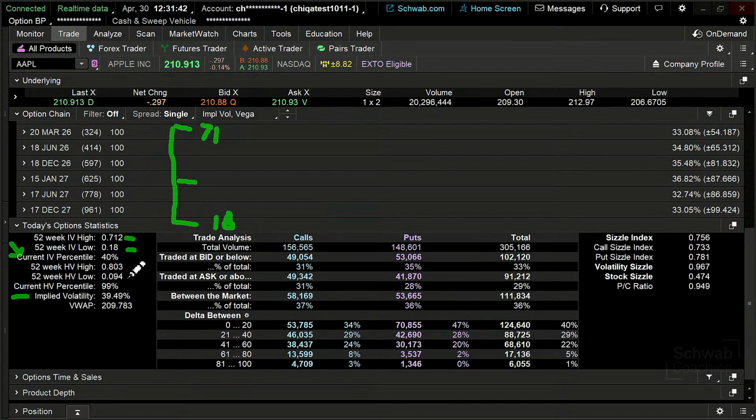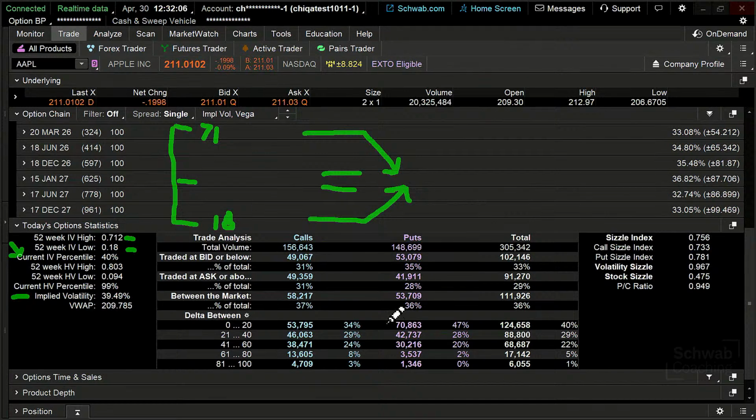Remember what we said about implied volatility, though? Implied volatility is mean reverting. So if implied volatility is high, it tends to fall, right? If implied volatility is low, it tends to rise. So if I've got an implied volatility percentile number that's about the 40th percentile, it's probably kind of right in this range here.